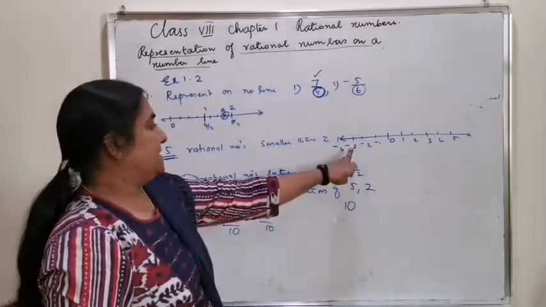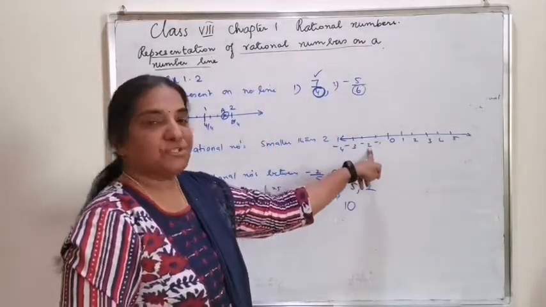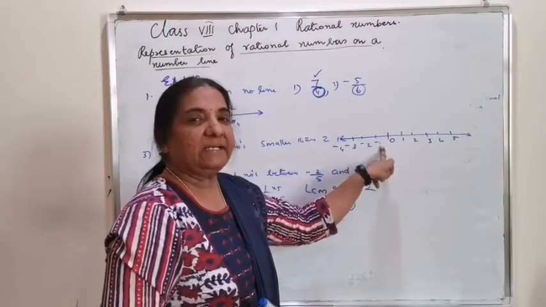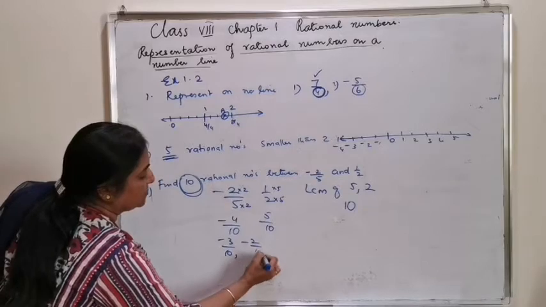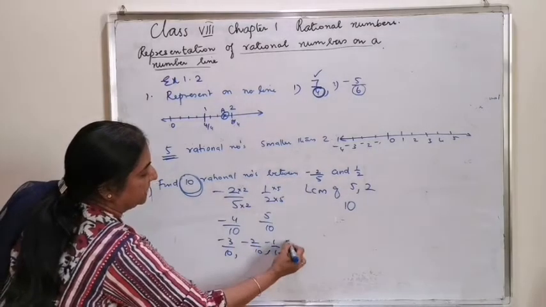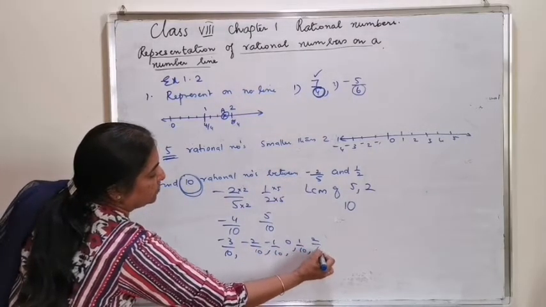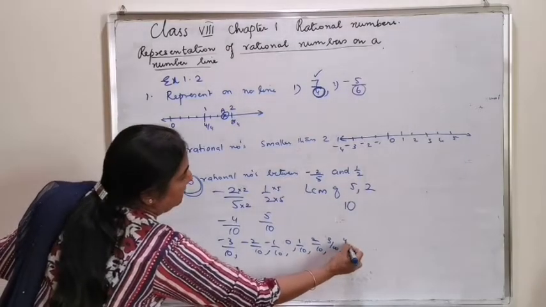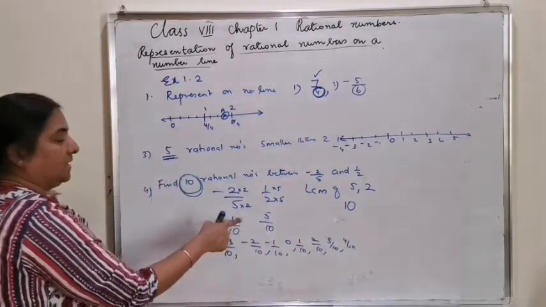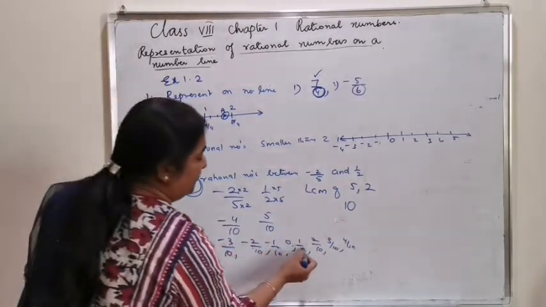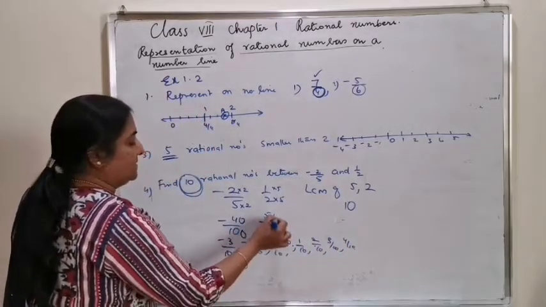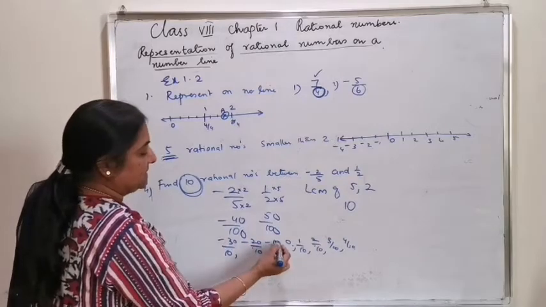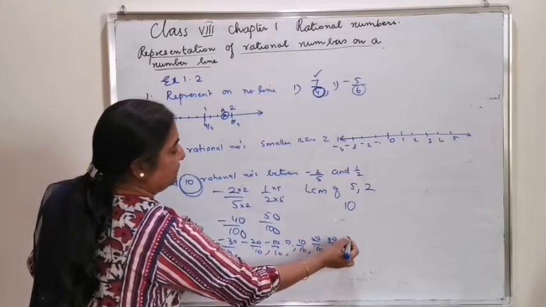That is, you can take it as minus 3 by 10, minus 2 by 10, minus 1 by 10, 0, 1 by 10, 2 by 10, 3 by 10, 4 by 10. Now, that is 1, 2, 3, 4, 5, 6, 7, 8 only. In that case, you can make it as 40.